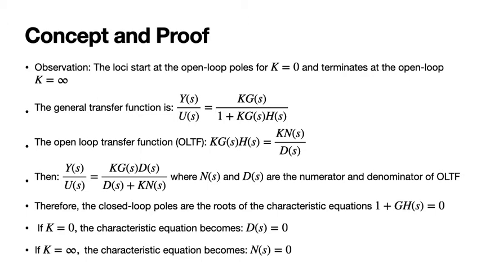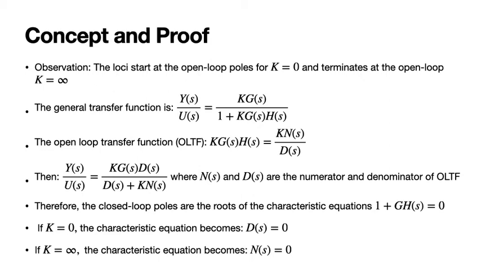Since we know that the general transfer function of a closed loop system is given here, the open loop transfer function is KGHS, or in other words, because the GHS will have a numerator and denominator, if we simplify it, it is actually K numerator over denominator.